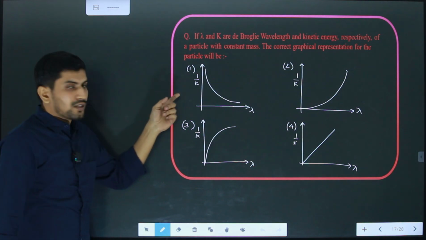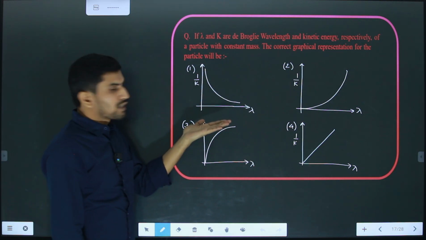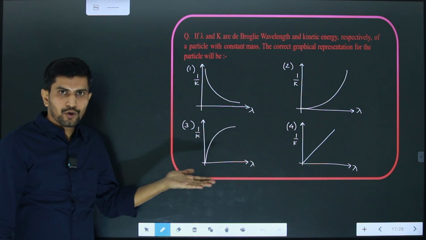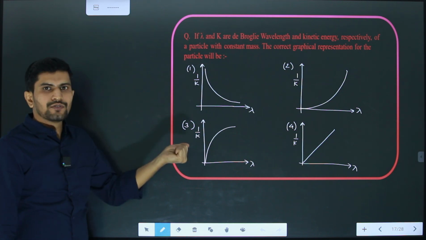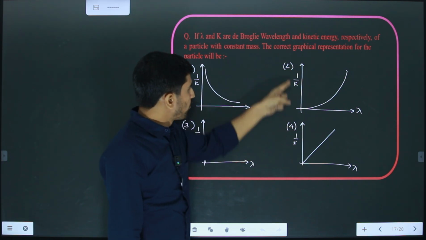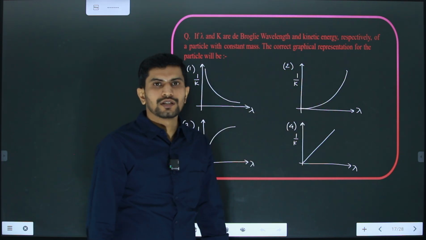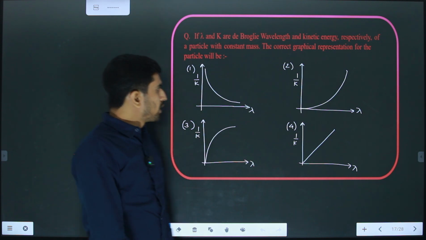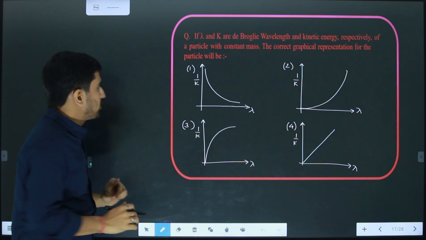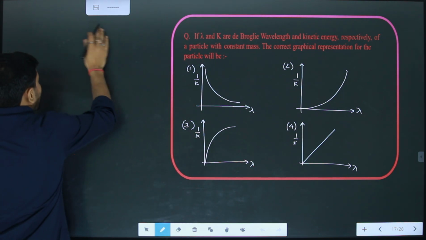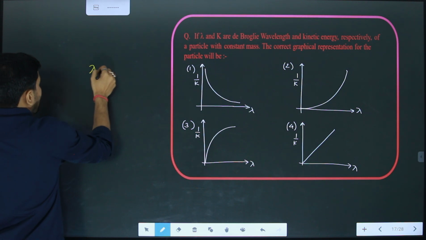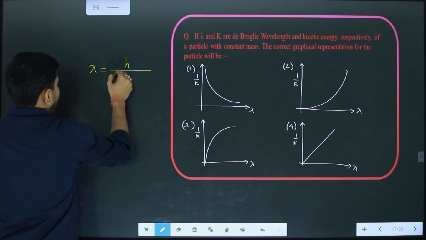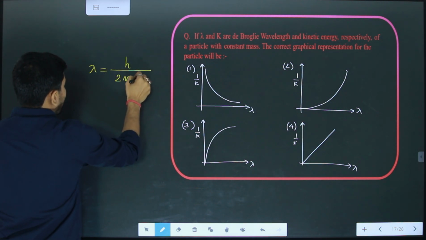Alright, the question is from the modern physics, from the de Broglie topic, and we have to identify the correct variation of 1 by kinetic energy with that of the de Broglie wavelength. So for a particular particle, the de Broglie wavelength can be written in terms of the kinetic energy like this: h divided by root of 2m multiplied by kinetic energy.